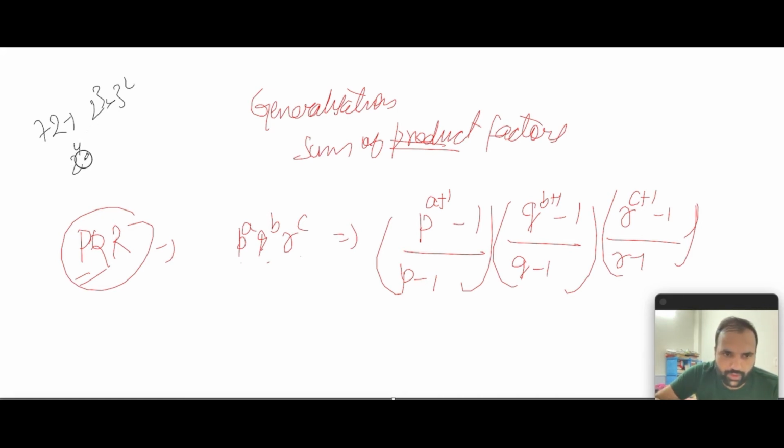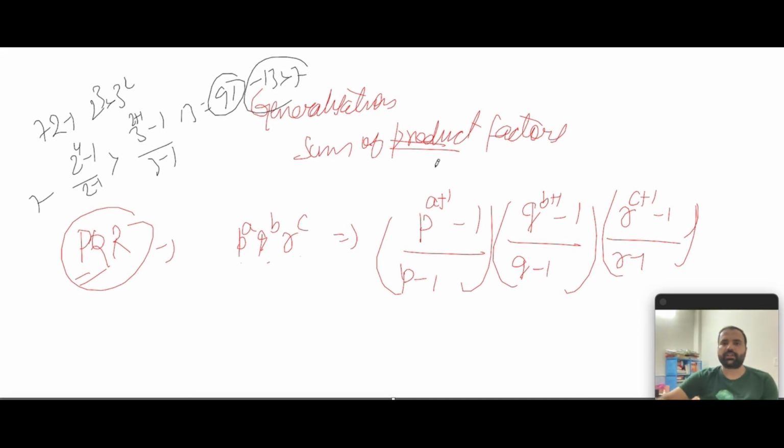So 2 cubed plus 1, which is 4, minus 1 by 2 minus 1, into 3 squared plus 1, which is 3, minus 1 by 3 minus 1. So it should be 2 to the 4 is 16, minus 1 is 15, into 3 cubed is 27, minus 1, 26 by 2 is 13, which is equal to 195. The sum of all the factors should be 195, 15 into 13. Okay, so this is how we can generalize the sum of the products.